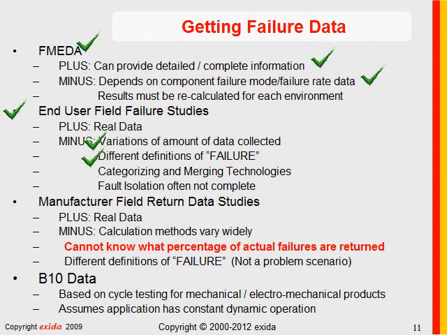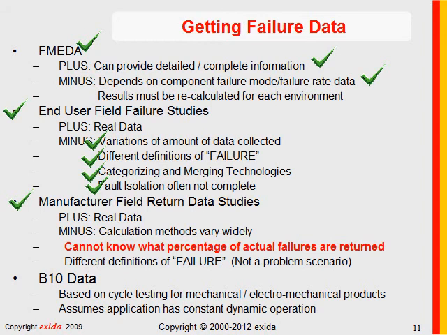I have found very different definitions of what is a failure. What one person would call a failure, another person would call an abuse, not a failure. Well, if something fails, it's a failure. There's a great amount of categorizing and merging of different technologies, and fault isolation is often not completed, and therefore people will have failure records for multiple components when in fact only one has failed.